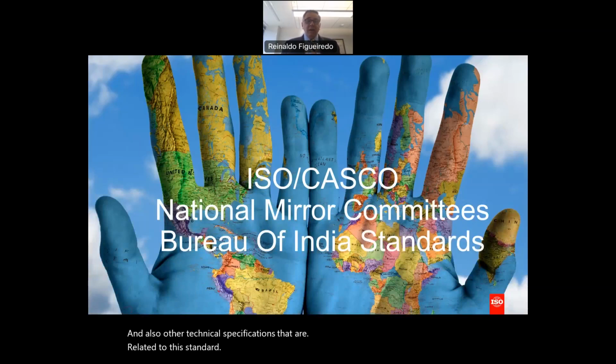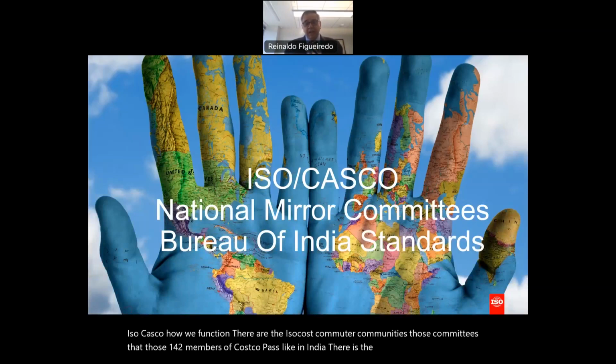ISO CASCO, how we function. There are the ISO CASCO mirror committees. Those are the committees that the 142 members of CASCO have, like in India, there is the BIS, Bureau of Indian Standards.